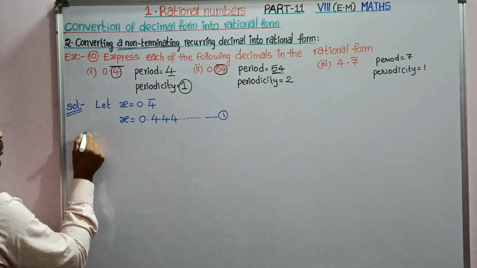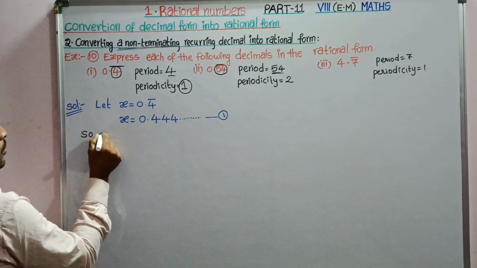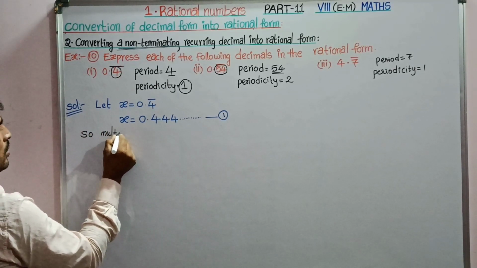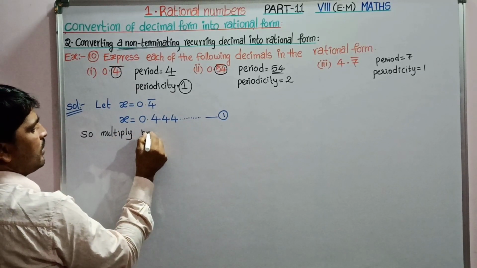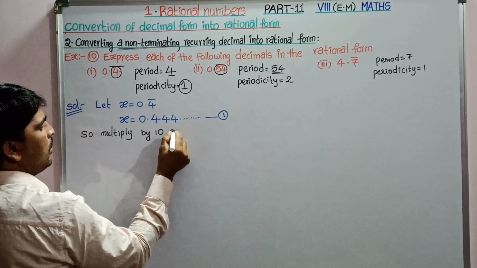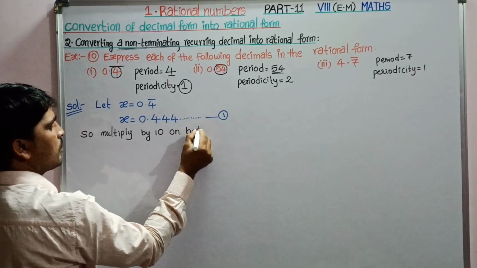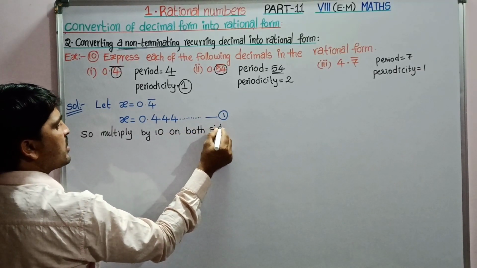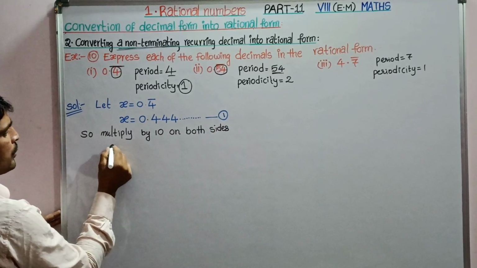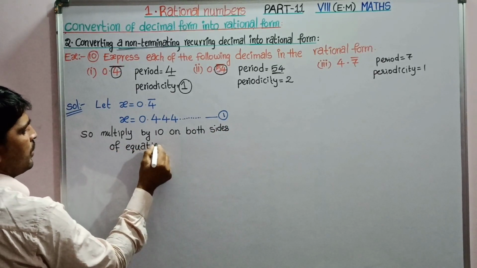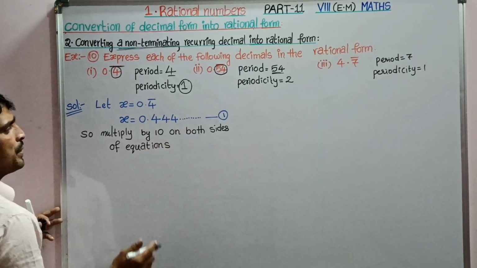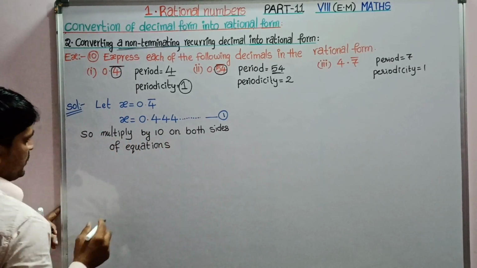Periodicity is 1. So multiply by 10 on both sides of equation 1. Both sides means LHS and RHS.